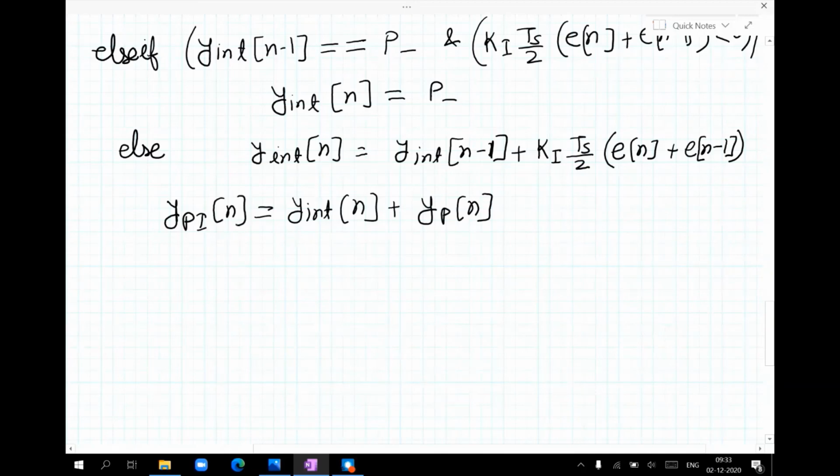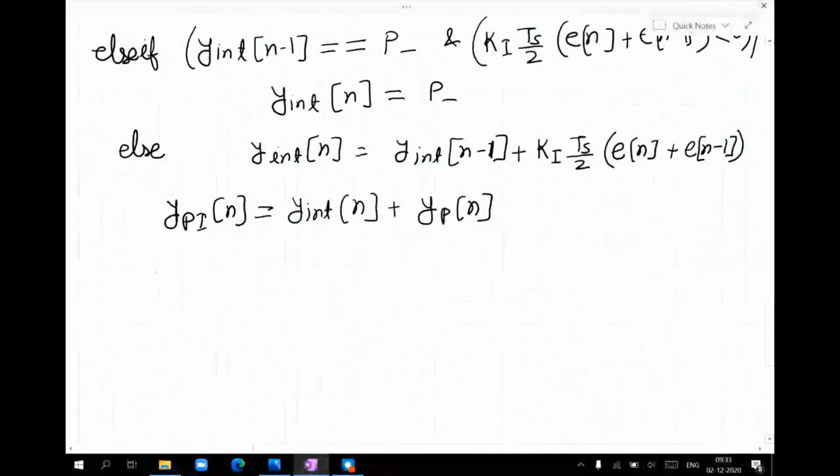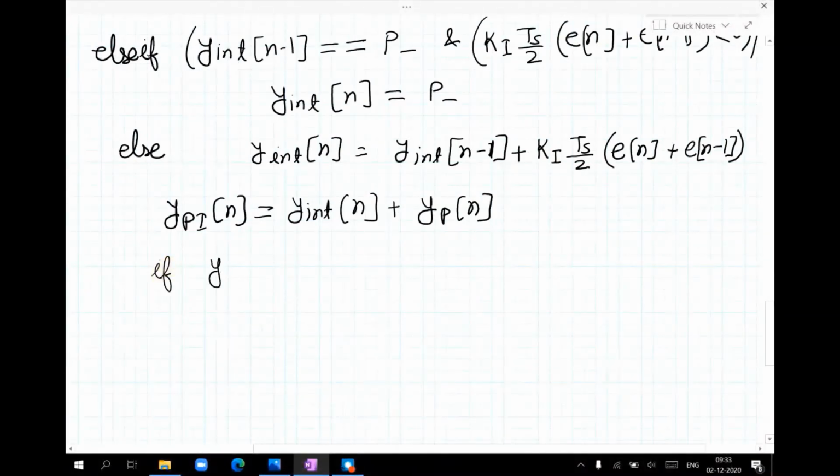Now it may happen that even though the output of the integral is less than P+, YP is positive and the addition of these two is greater than P+, that is the positive limit of the actuator. So we have to check: if YPI is greater than P+, then YA equals P+.